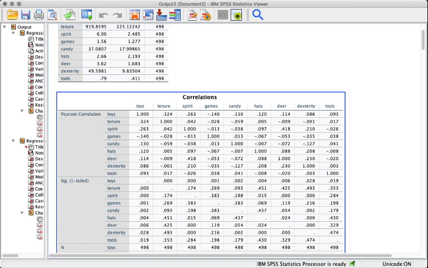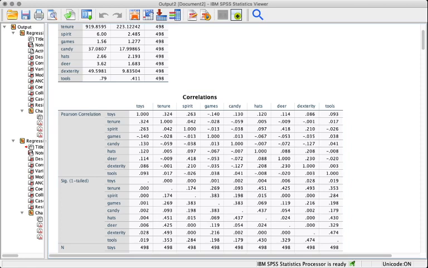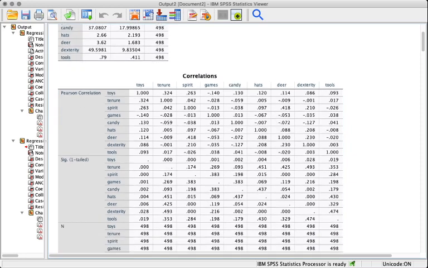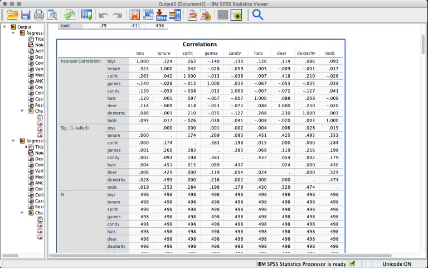So if we look at all these, it doesn't appear that there's any with a correlation above 0.9. For toys, since toys is our outcome variable, we want everything to be fairly well correlated with toys. You'd assume that it would be correlated for it to be in the model, though some things won't be as strongly and might still be useful to look at. So this is one of the things for checking for multicollinearity. It looks fine.